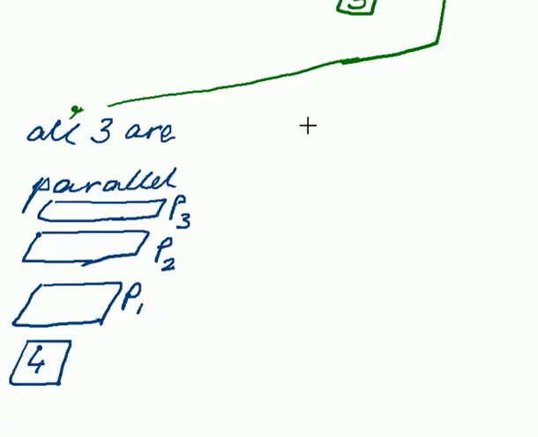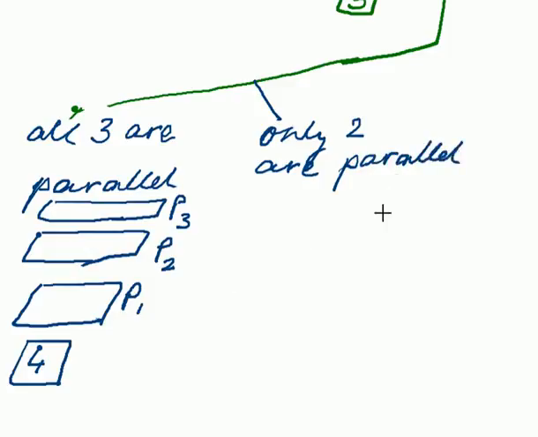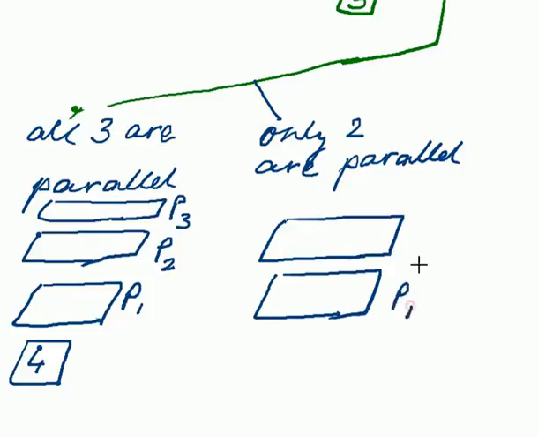Now the fifth situation. Only two are parallel. P1 and P2 are parallel, and the third plane, P3, intersects.